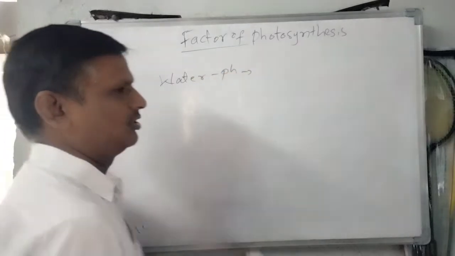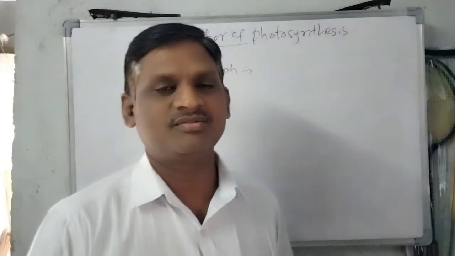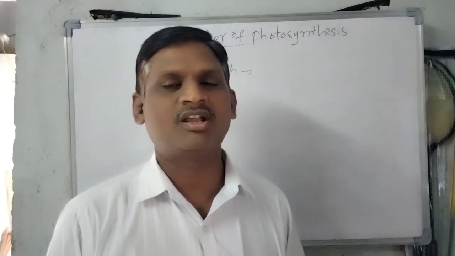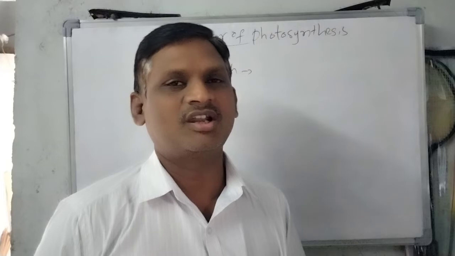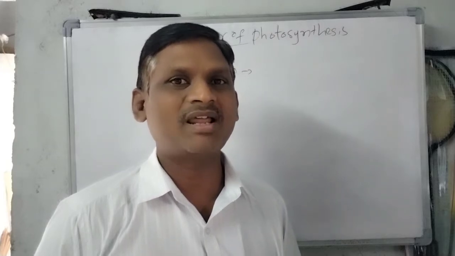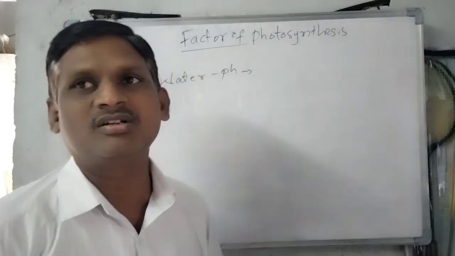What is the relationship between water and photosynthesis? Water helps to grow the plants, and water helps to increase the plant mass, so that the food materials can be made with the association of water.